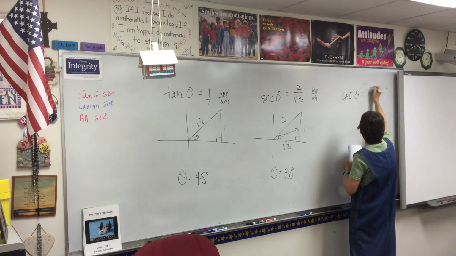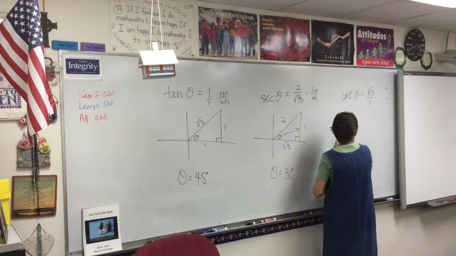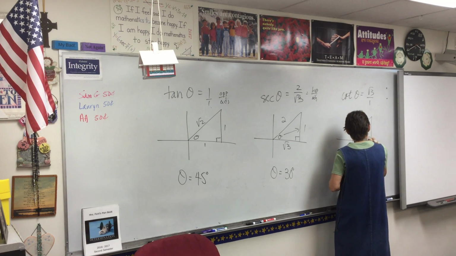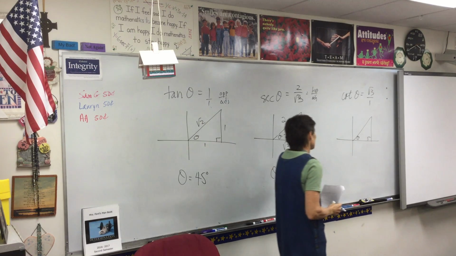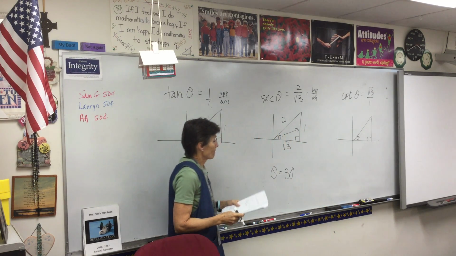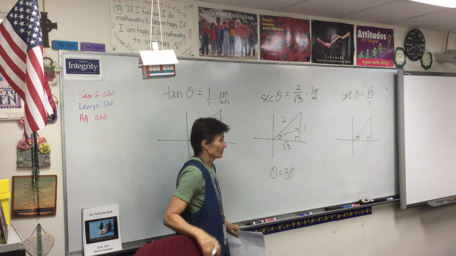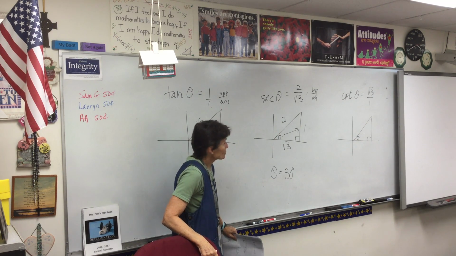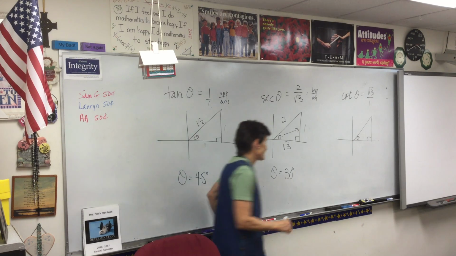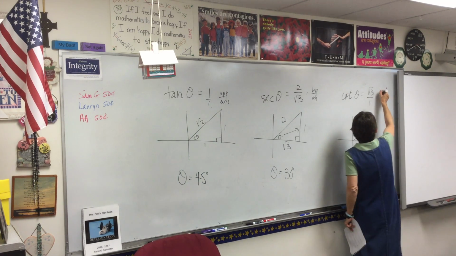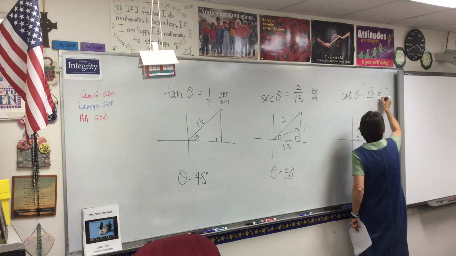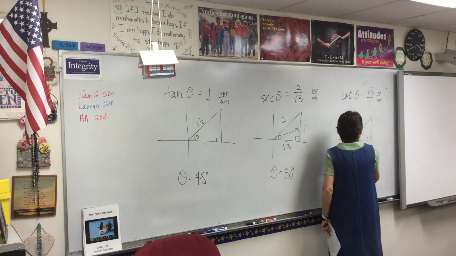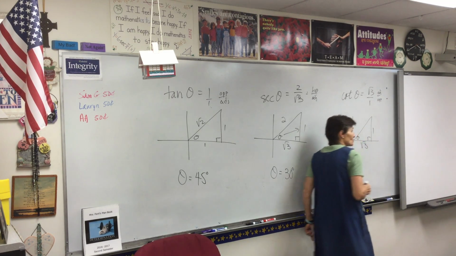Cotangent is root 3 over 1. Think of it as a fraction. What's cotangent? Adjacent over opposite. So adjacent is root 3 and opposite is 1.